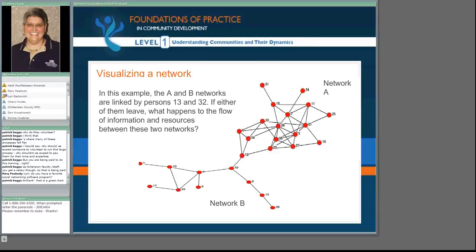That's not true if I'm in network B. So to me, network analysis is a really great way, especially if we're coming new into a community, or we're already in the community but going to be addressing a new issue, of figuring out who knows whom and who talks to whom and who's related to whom on this topic. That can be really, really useful. So to me, it's a really cool way of thinking about and doing a situational analysis of the community.